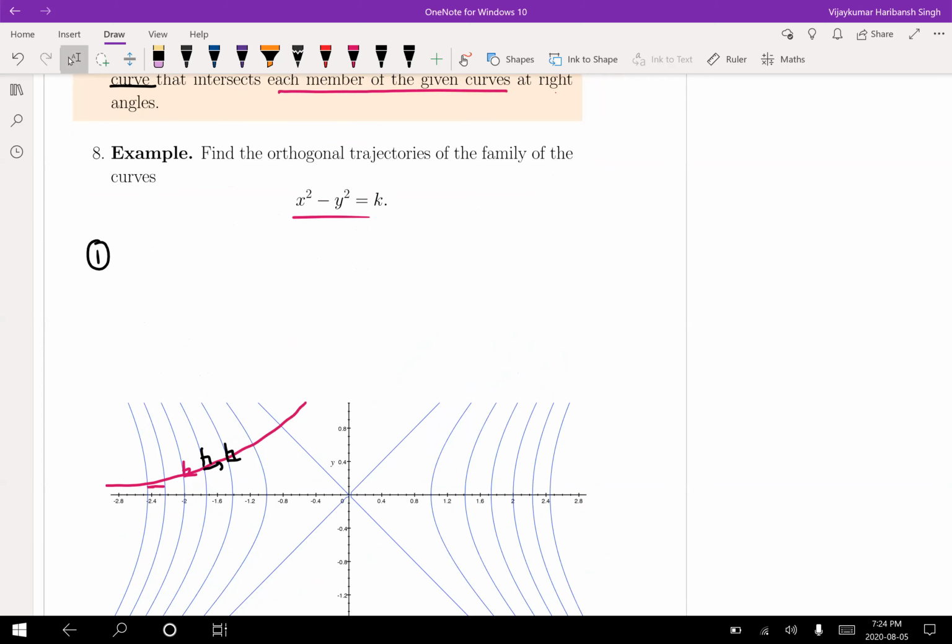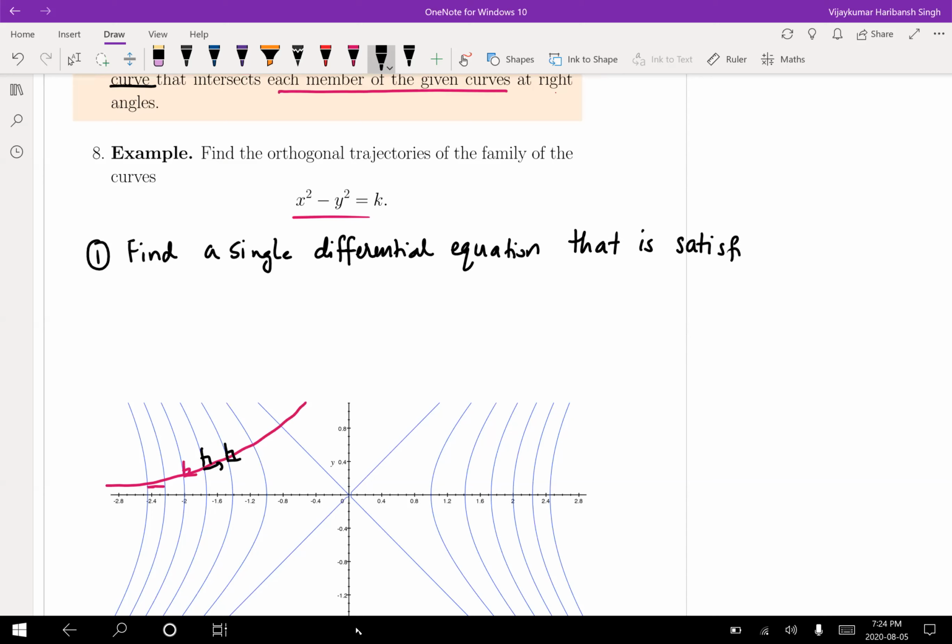First of all, find a single differential equation that is satisfied by all the members of x squared minus y squared equals k.